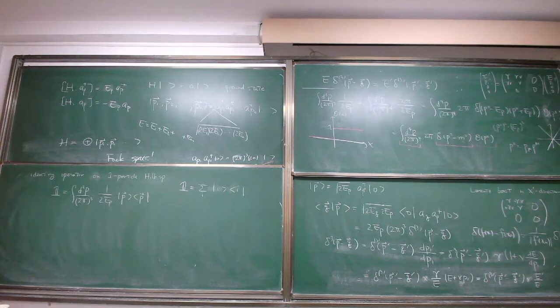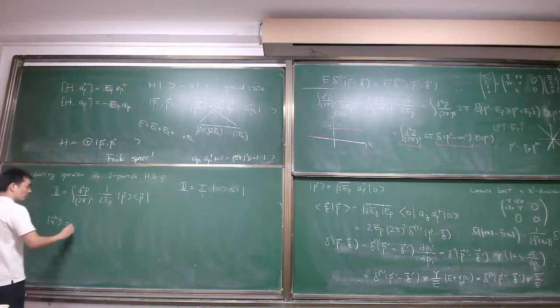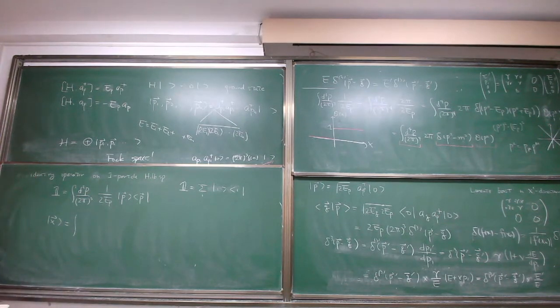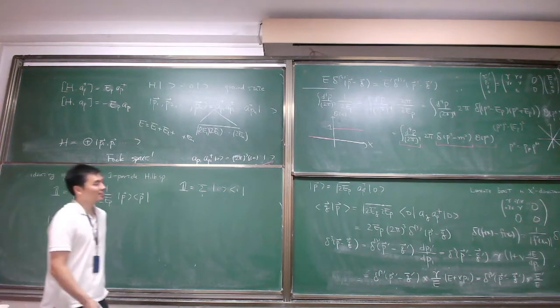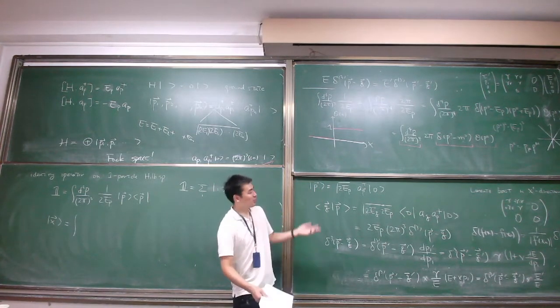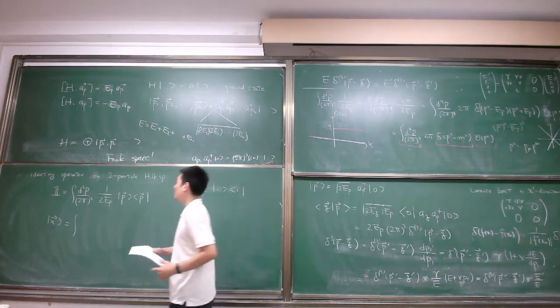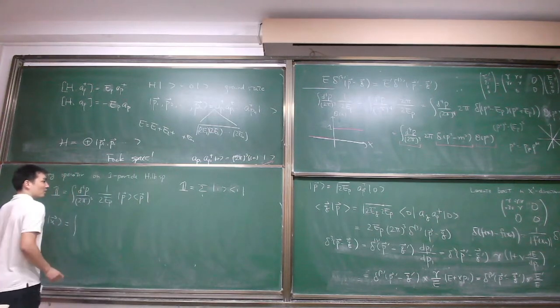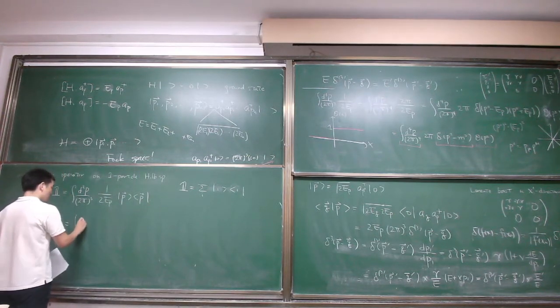And it just acts on X, the position operator. We want to define the canonical conjugate, or the Fourier transformation, of this state. Then what you have is this one.